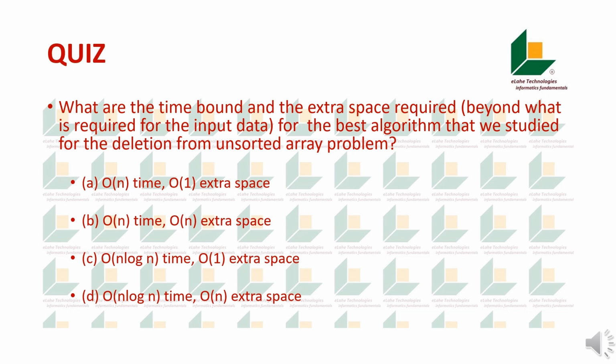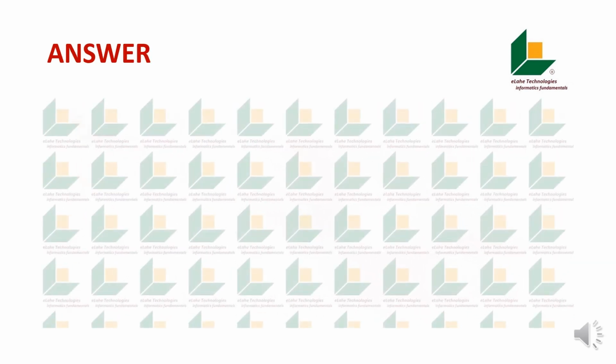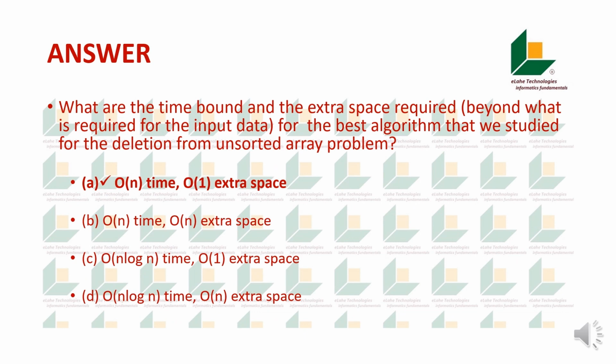Option C. Order n log n time, order 1 extra space. Option D. Order n log n time, order n. The answer is option A. Order n time, order 1 extra space.